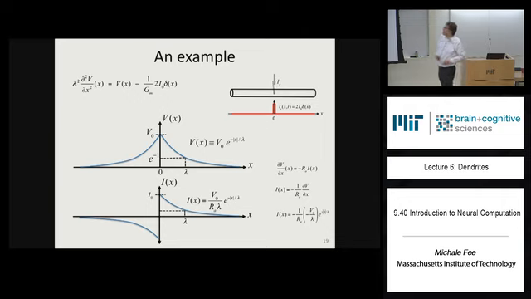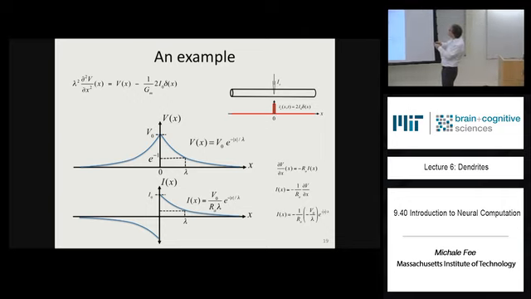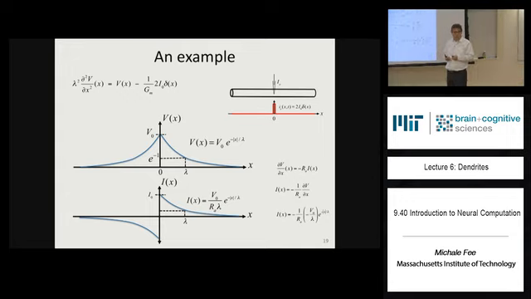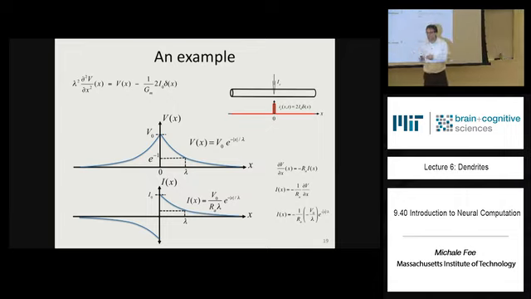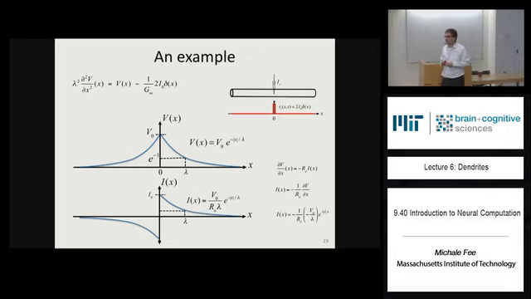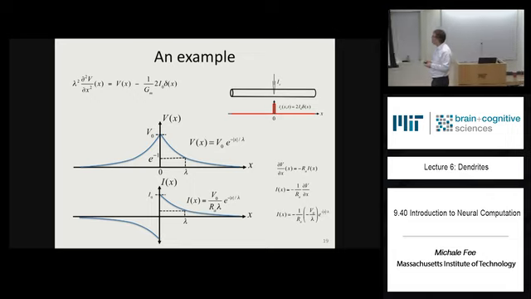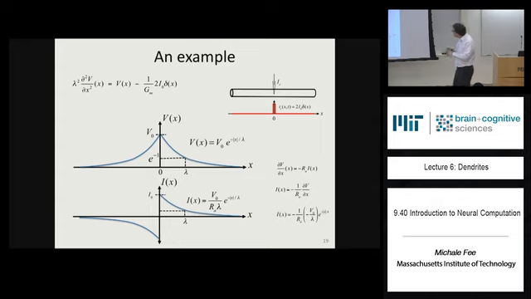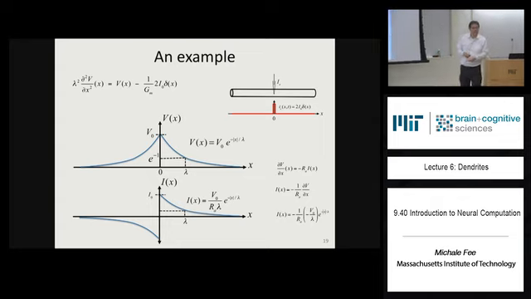Why is that? Because the current is leaking out through the holes in our garden hose, right? So as you go further down, less and less of the current is still going down the dendrite. I don't expect you to be able to derive this, but just know where it comes from. It comes from Ohm's law.